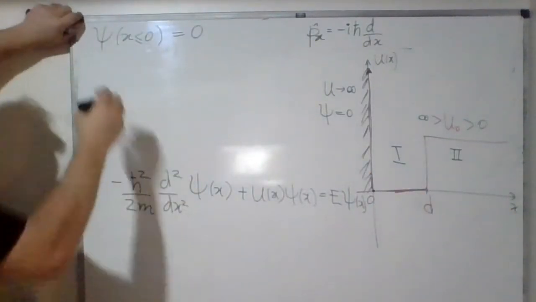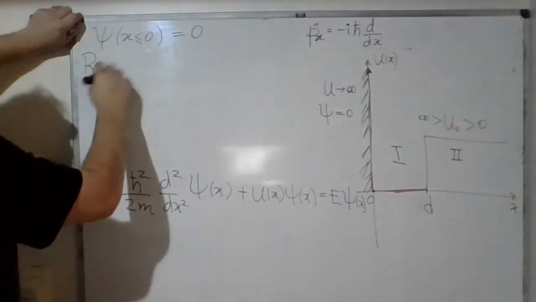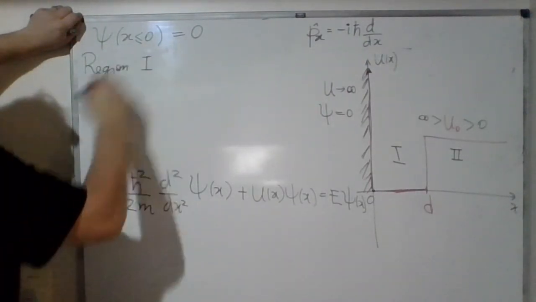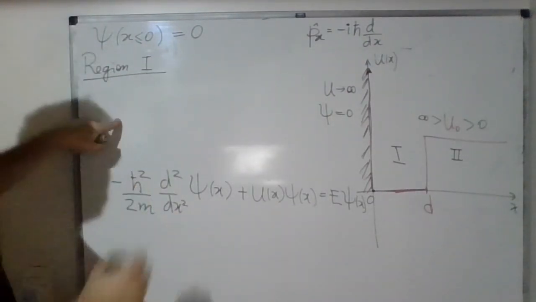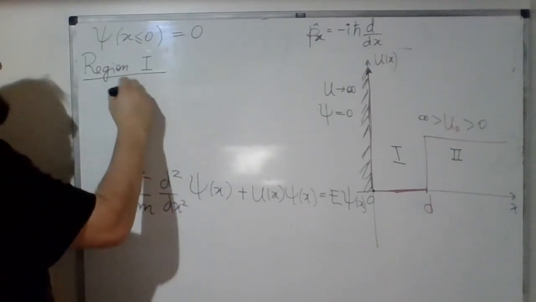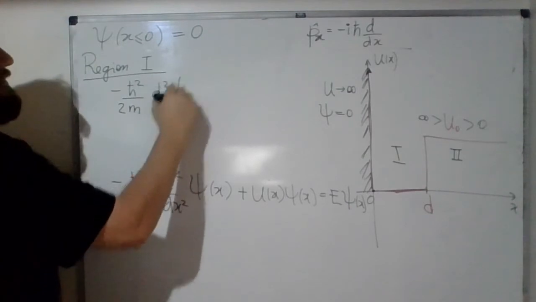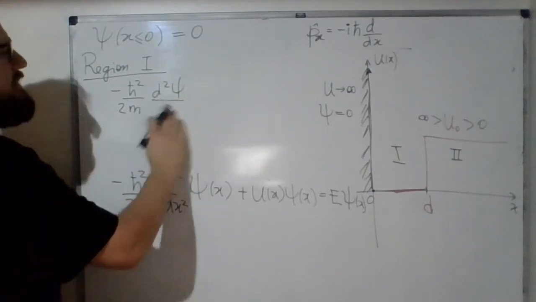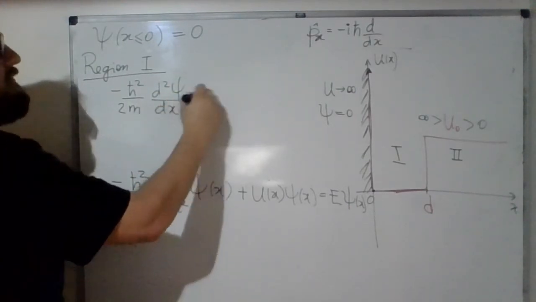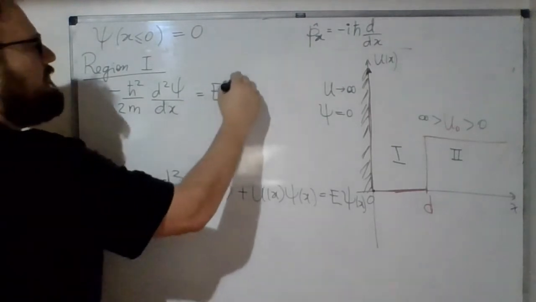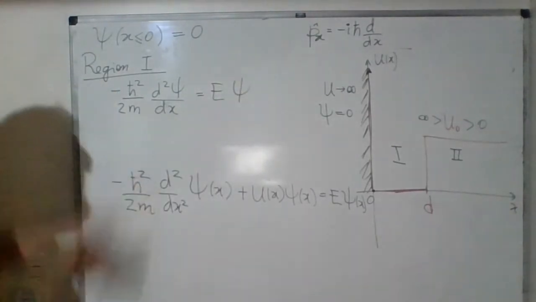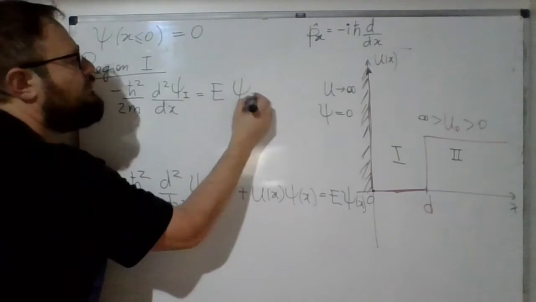All right, and we have two regions. So region one for the potential, the equation is equal to the following differential equation. All right, so this is the function at the region one.